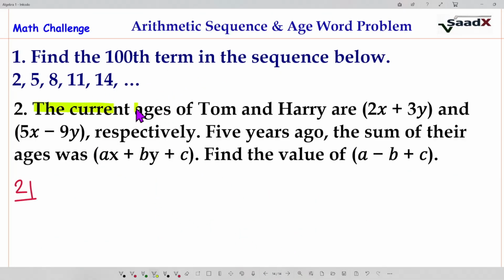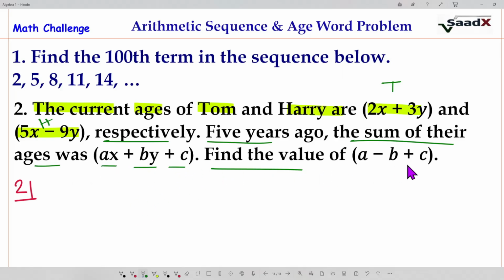The current ages of Tom and Harry are 2x plus 3y and 5x minus 9y. So here 2x plus 3y is for Tom and 5x minus 9y is for Harry, respectively. 5 years ago the sum of their ages was ax plus by plus c. Find the value of a minus b plus c.